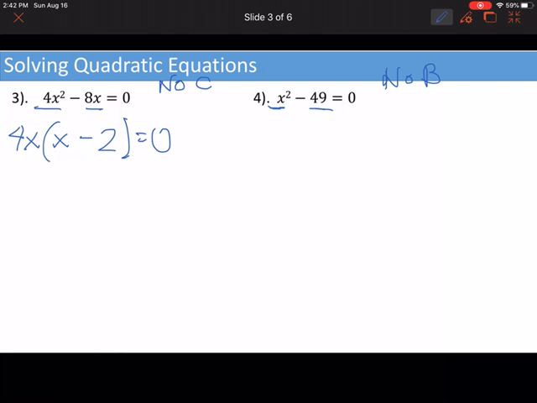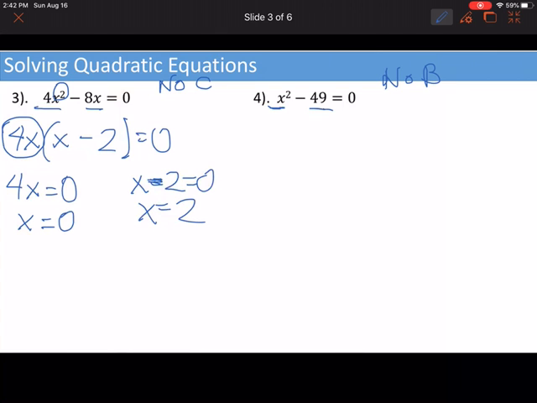Again, this is one term because you have the x. Because it's squared, you should have 2 solutions. Sometimes you can go straight to here, if you know that. So those are your 2 answers for that one.